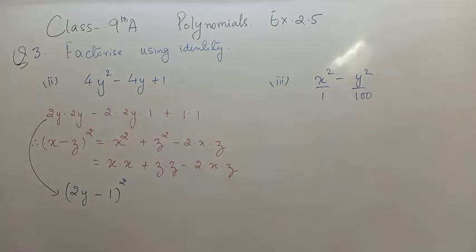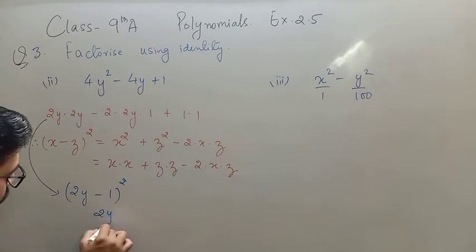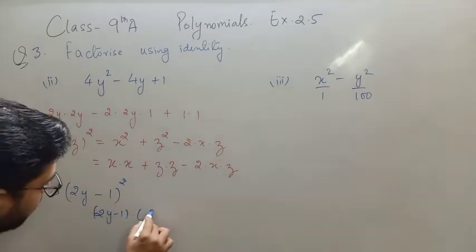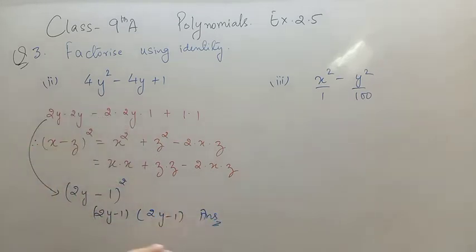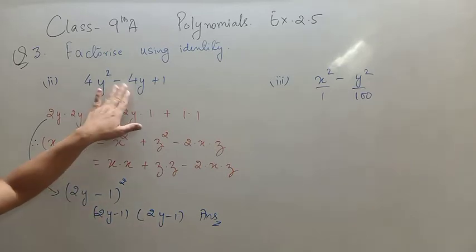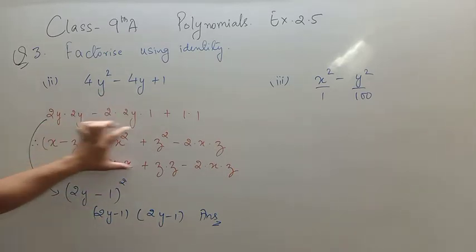Any doubt in this? Or you can simply write (2y minus 1) into (2y minus 1). So this is your answer. In this way you have factorized 4y square minus 4y plus 1 using the appropriate identity.